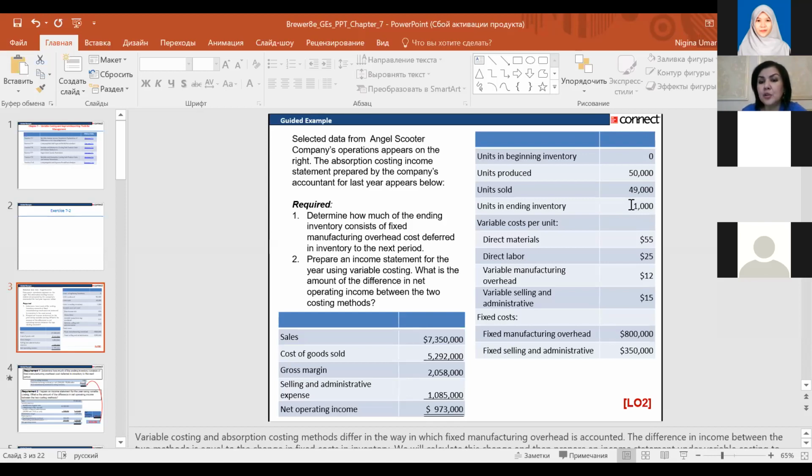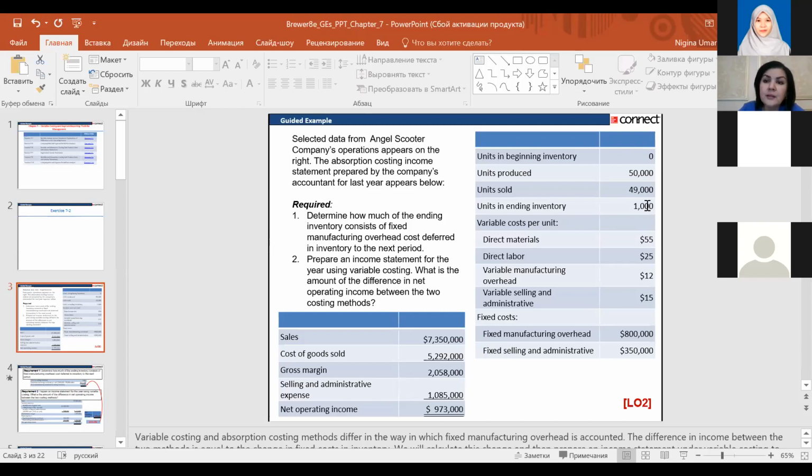On the absorption costing, these 1,000 units have a portion of fixed manufacturing overheads. And now calculate what is that portion of fixed manufacturing overhead that resides in these 1,000 units of ending inventory.